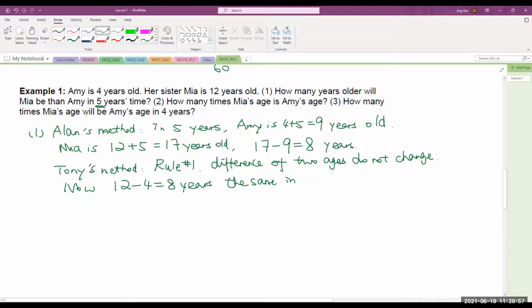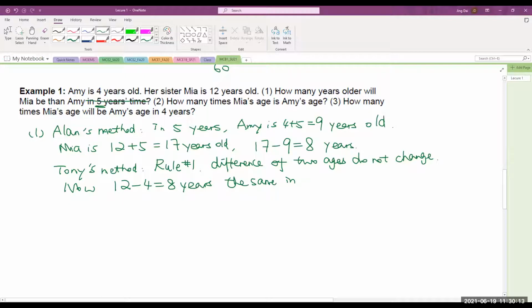I want you guys to form a habit: whenever you see this difference mentioned, in 5 years, 8 years ago, 9 years ago, 19 years ago, in 21 years, go ahead and cross this off. I don't want you to get confused.